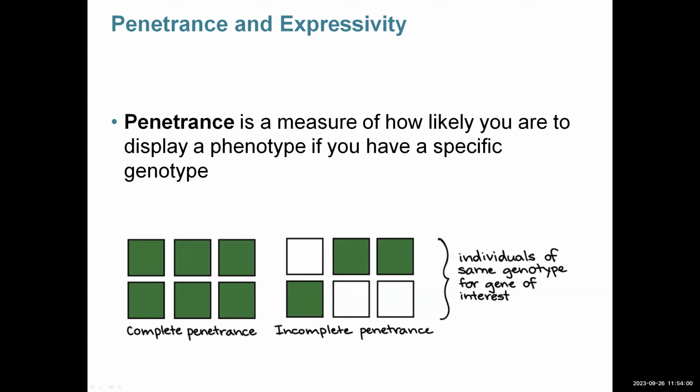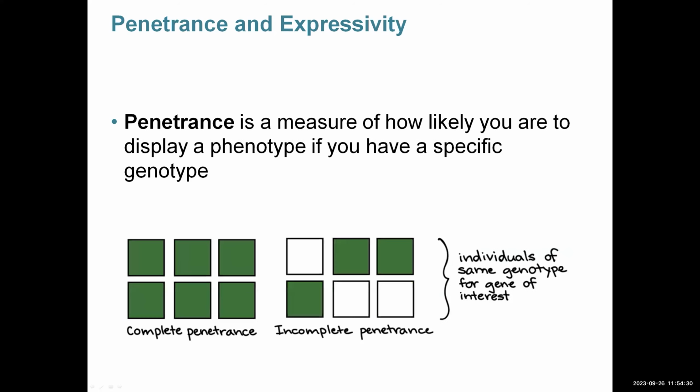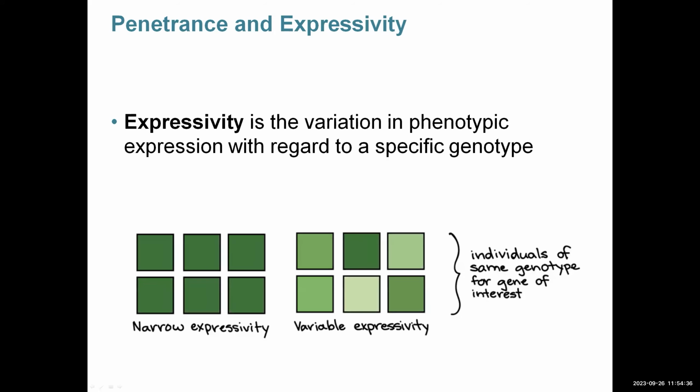Expressivity is different. Expressivity determines the variation in the phenotype expressed. In this case, narrow expressivity means that individuals will all have similar phenotypes. But variable expressivity means that individuals will all have a phenotype, but the severity of that phenotype will be different. So penetrance has to deal with whether or not the trait happens, whereas expressivity has to deal with how consistent the phenotype is.